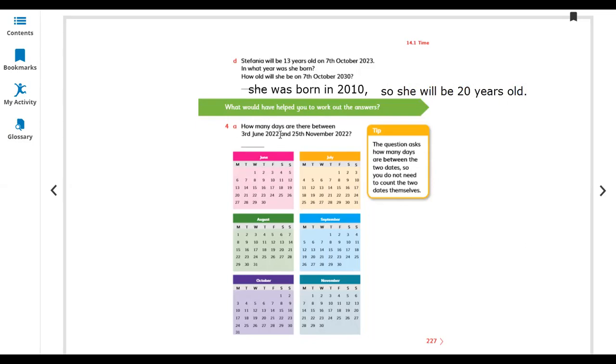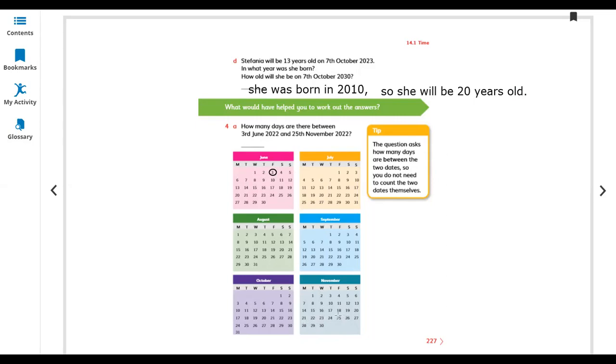Question number 4. How many days are there between 3rd June 2022 and 25th November 2022? So we need to make a circle. 3rd June, this is June. This is the 3rd June, Friday, the day, until 25th November.